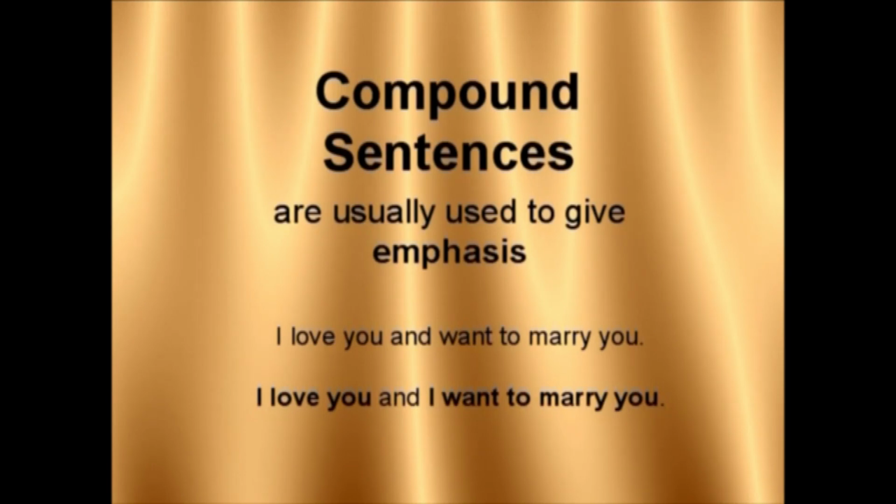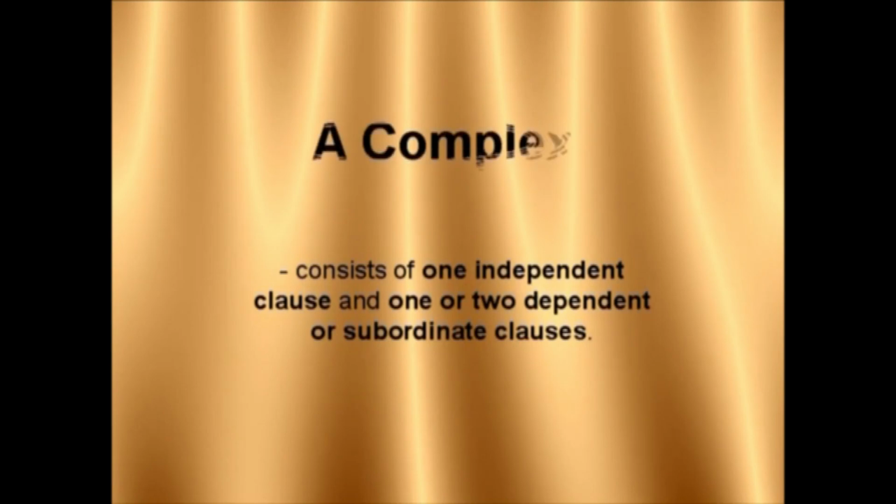But he can be more emphatic by saying, I love you and I want to marry you. You should not use a compound sentence, however, when you can use simple sentences just as well or better to express your idea.